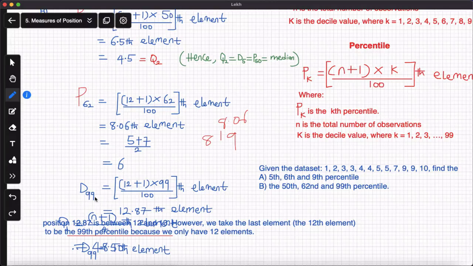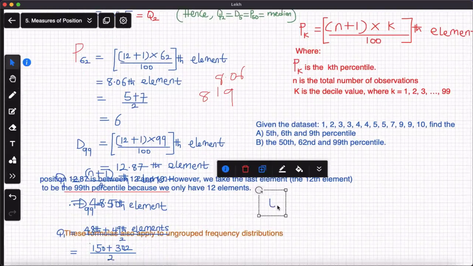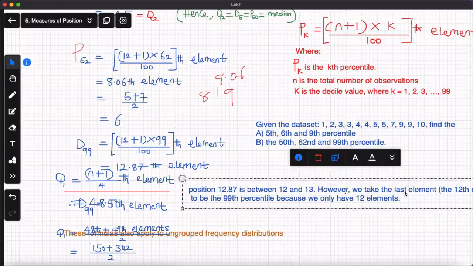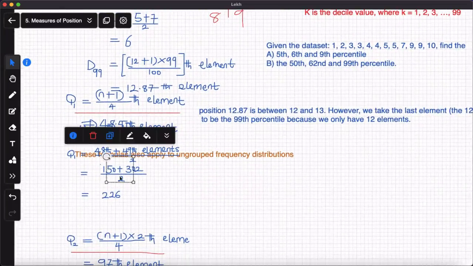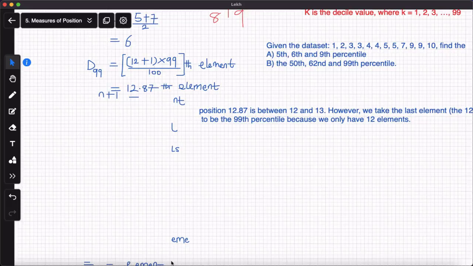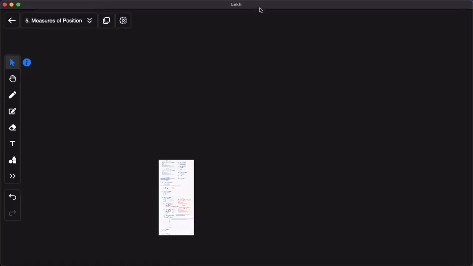Okay, so the 99th percentile will be (12 plus 1), all in brackets, multiplied by 99 divided by 100. Sorry about that.